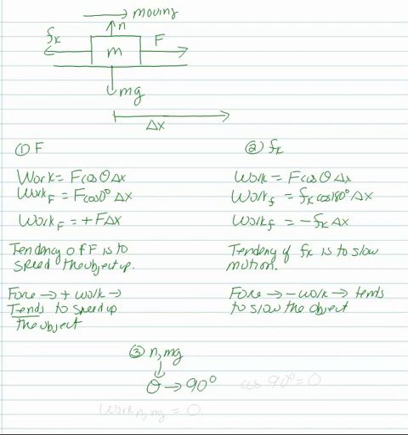Perpendicular to motion, the cosine of 90 degrees is 0. So when you look at the formula, the work done by N and mg is 0. This goes back to the original concept. N and mg do not help or hinder the motion of the object. Therefore, N and mg do 0 work in moving the object delta x.